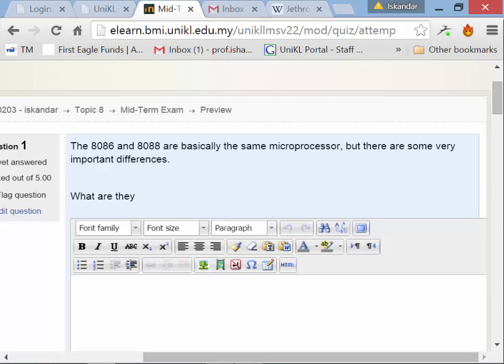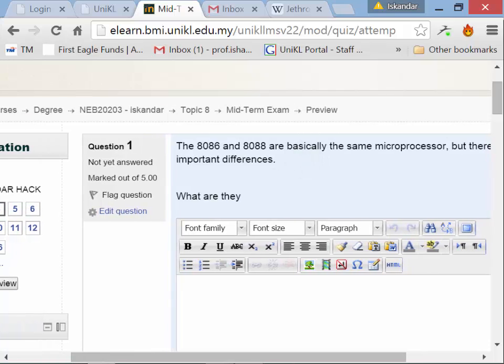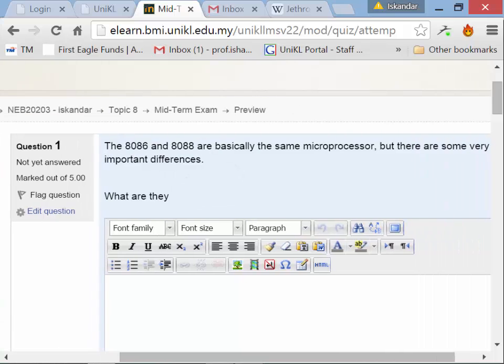And the key part of that answer is that if you tell me that the 8088 is an 8-bit microprocessor, you're going to lose half the points for that particular problem, because the 8088 is a 16-bit microprocessor internally and an 8-bit microprocessor externally. That is what we're looking for, and I don't remember how many points I assigned for that. The answer is marked out of 5. The number of points assigned to these problems are relative to that.